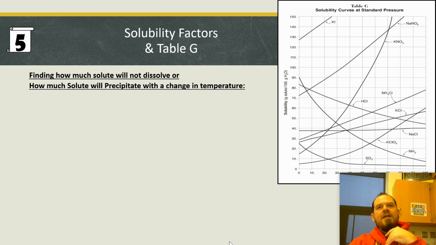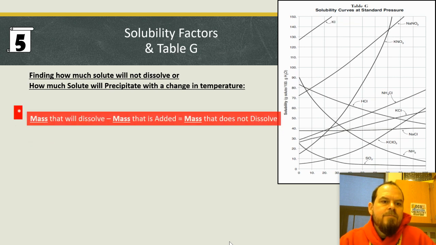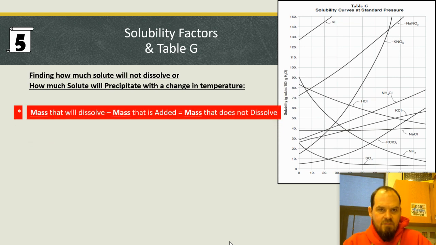Okay, next part is one of multiple ways to do the same game. This is where we're just going to find 2 points and subtract. That's what this game really is. So find the mass that will dissolve minus the mass that's added, and that will equal the mass that doesn't dissolve.